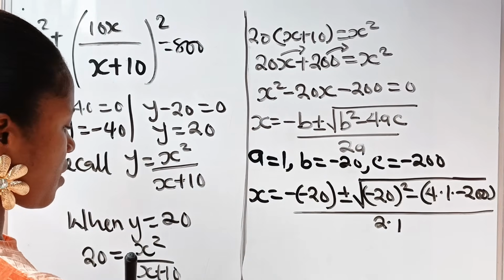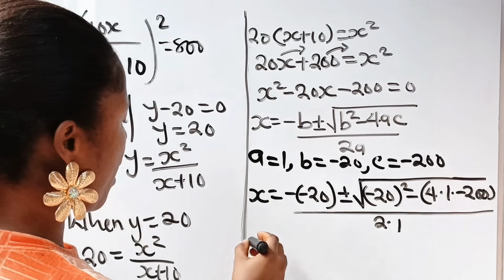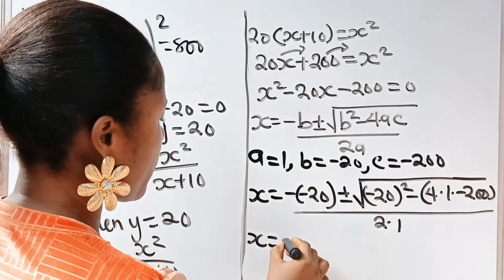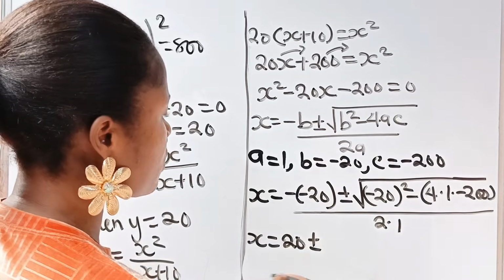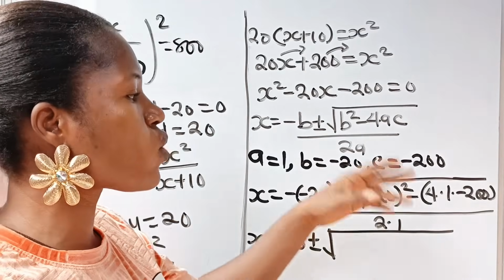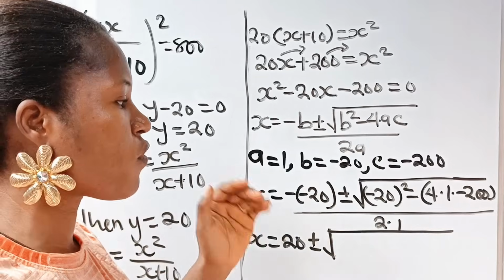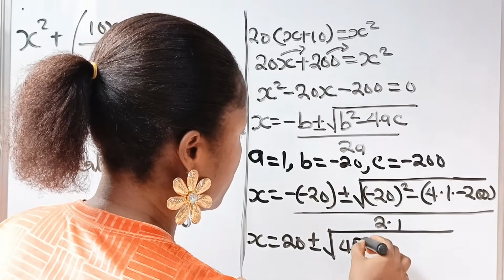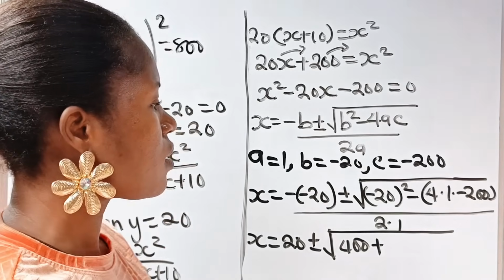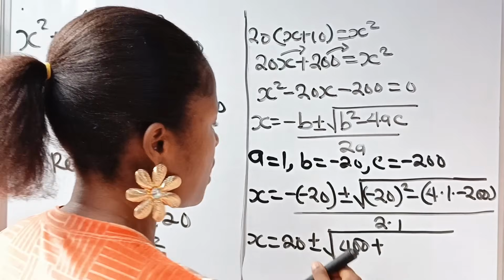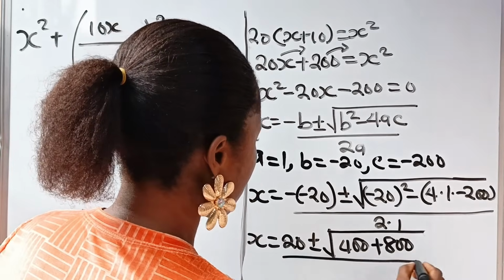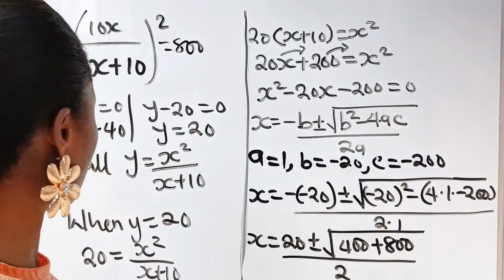So if we expand further, we will have x is equal to, minus is plus, so we have 20 plus or minus the square root of minus 20 squared, which gives us 400, minus is plus, then 4 times 200 is 800, everything divided by 2 times 1 is 2.